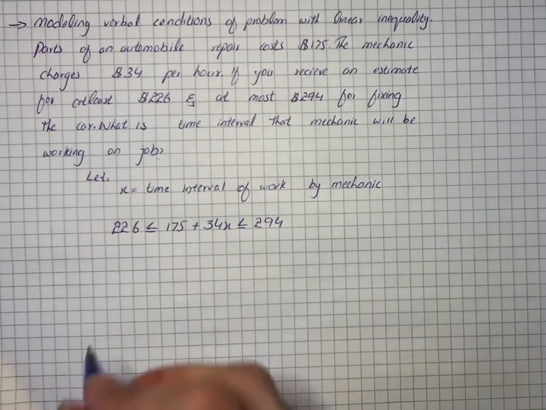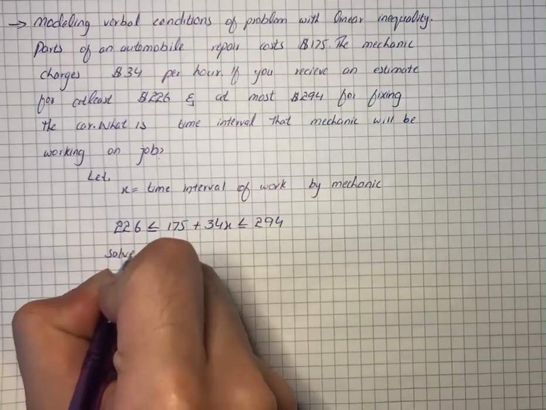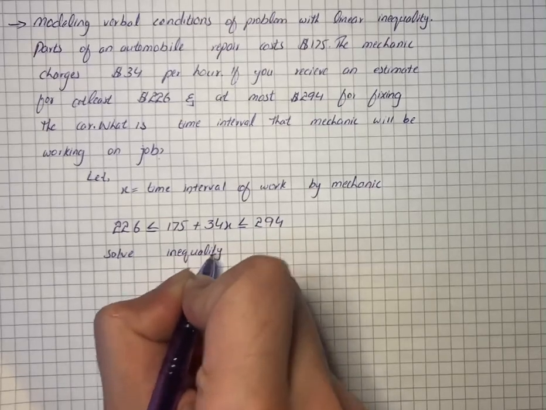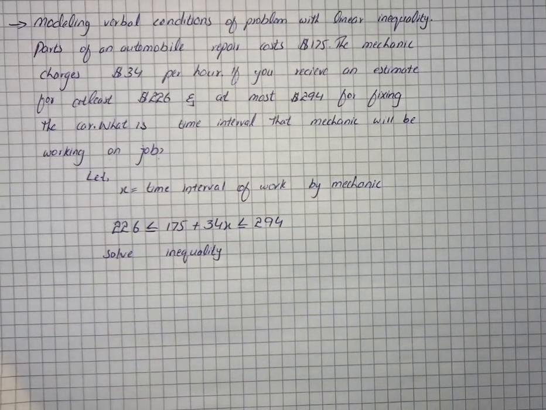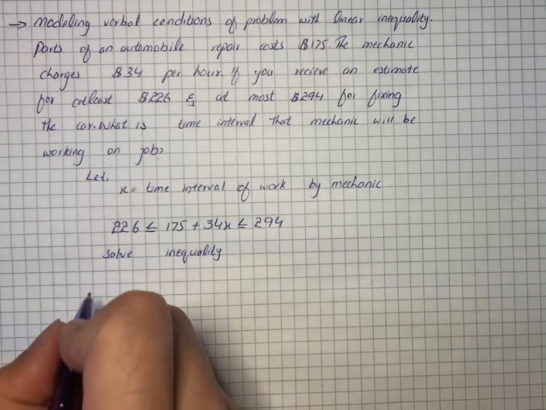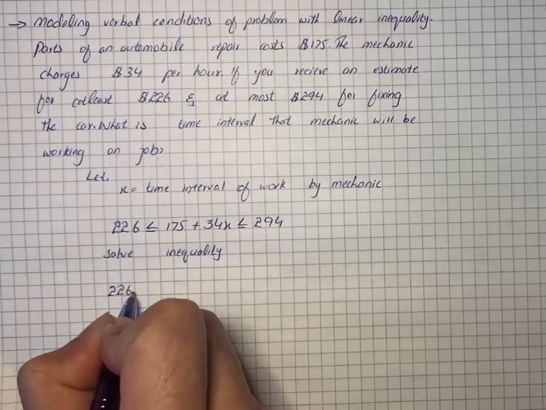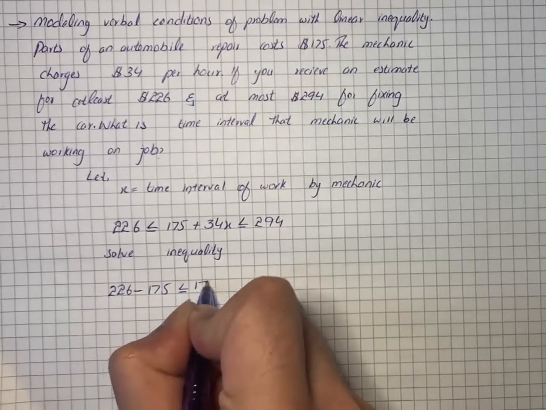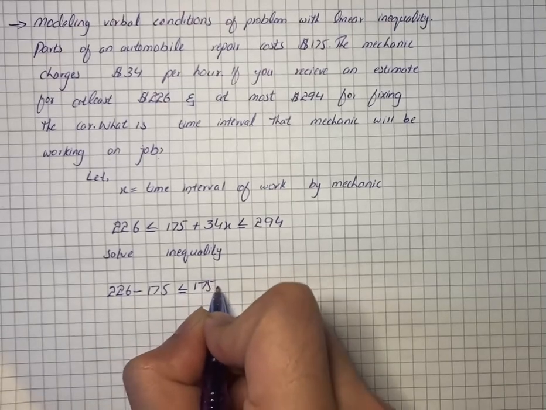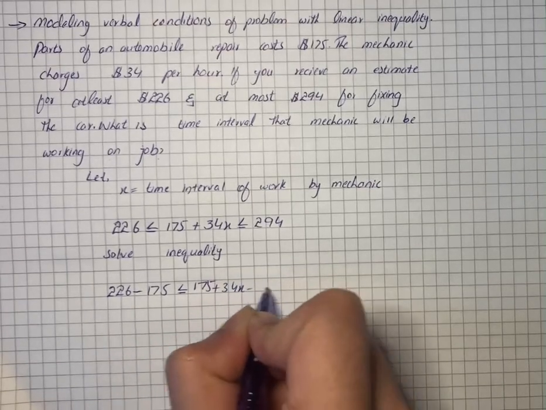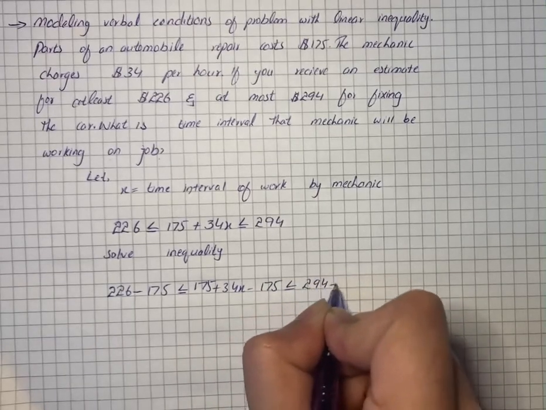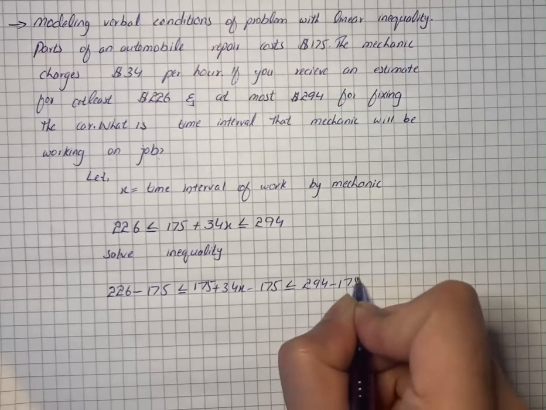So now we will solve the inequalities. First of all, we will actually subtract 175 on both sides. 226 minus 175 less than or equal to 175 plus 34x minus 175 less than or equal to 294 minus 175.